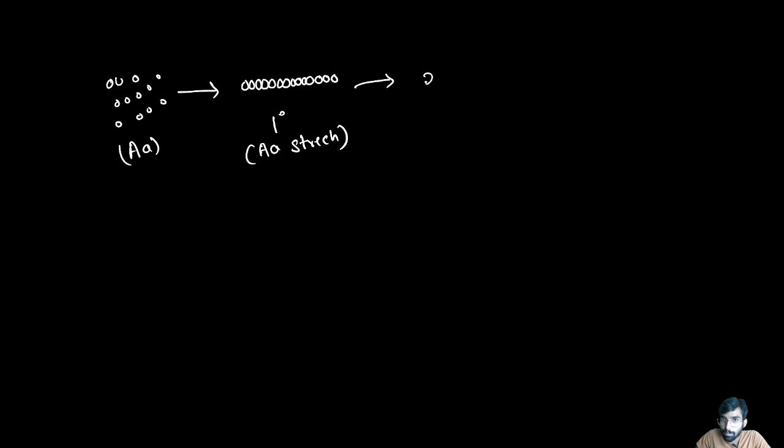For that purpose we need secondary structure. In secondary structure generally we have seen one is alpha helix and another is beta sheet, parallel, anti-parallel, a lot of things are there.